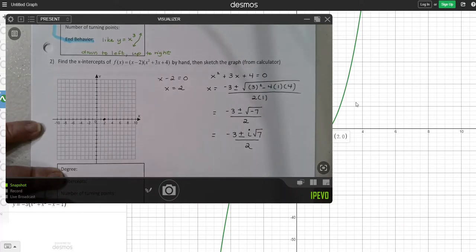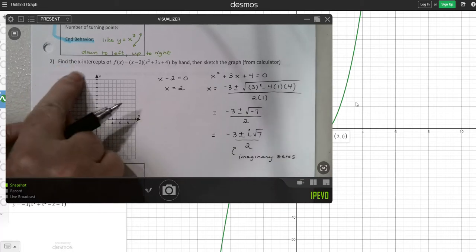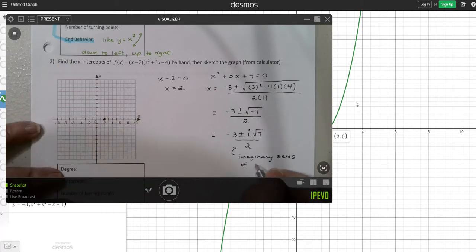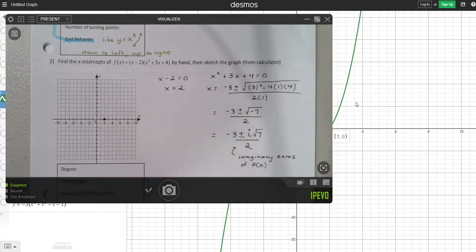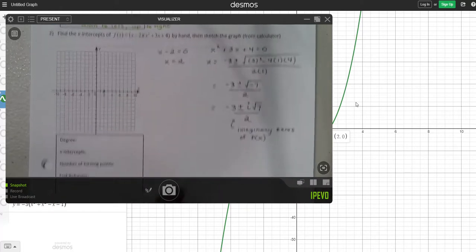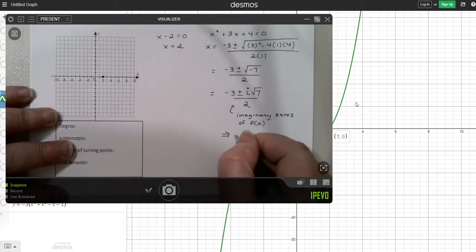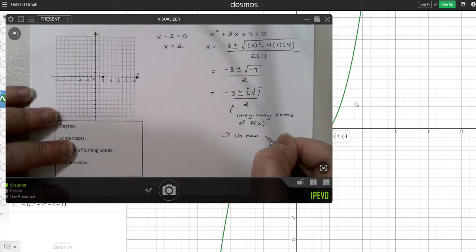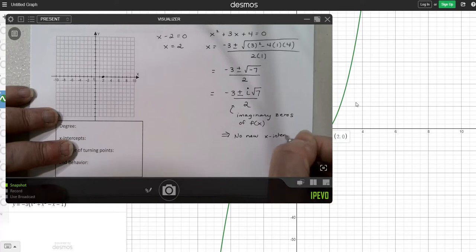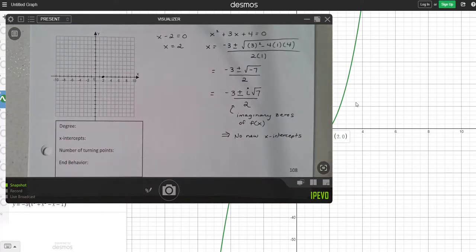And I'm going to say these are some imaginary zeros for my function f. But because they're imaginary, they don't give me any x-intercepts. Okay. So x equals 2 is the only x-intercept I actually get.